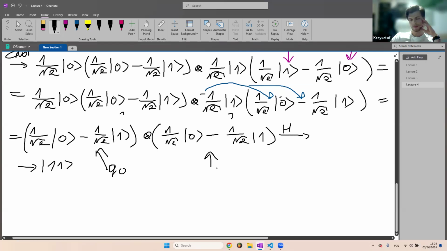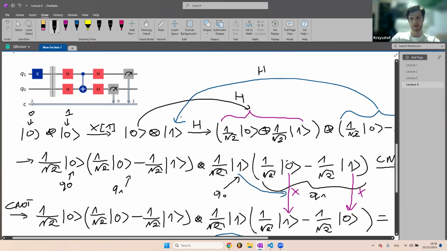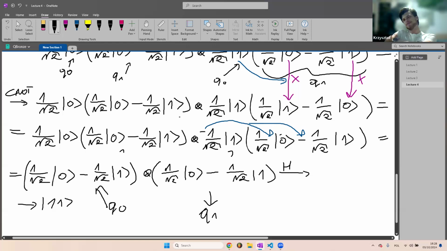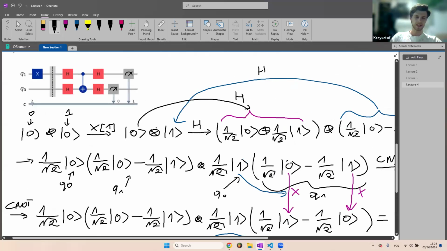So actually, here I label those 2 qubits, and the first qubit is Q0 and the second qubit is Q1. So actually this is the Qiskit convention. I'm not exactly sure if it's a Qiskit convention or not.